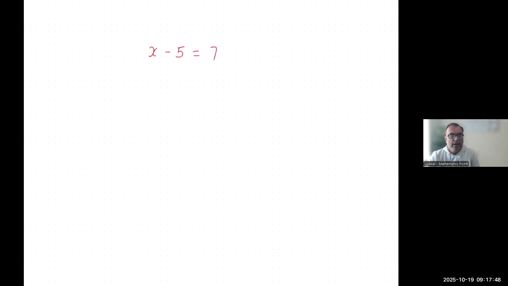now I have a negative 5 sitting with the x here. So somehow if I get rid of this negative 5, x will be left all alone on the left-hand side. Mind you, again, this is the left-hand side, this is the right-hand side. The inverse or the opposite of negative is positive, or subtraction is addition.